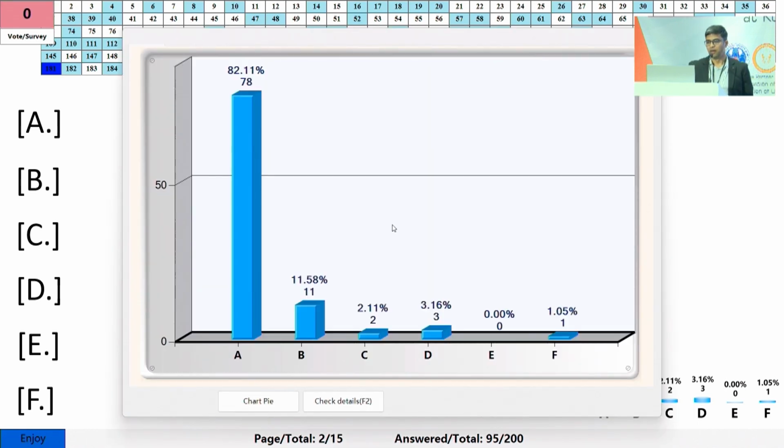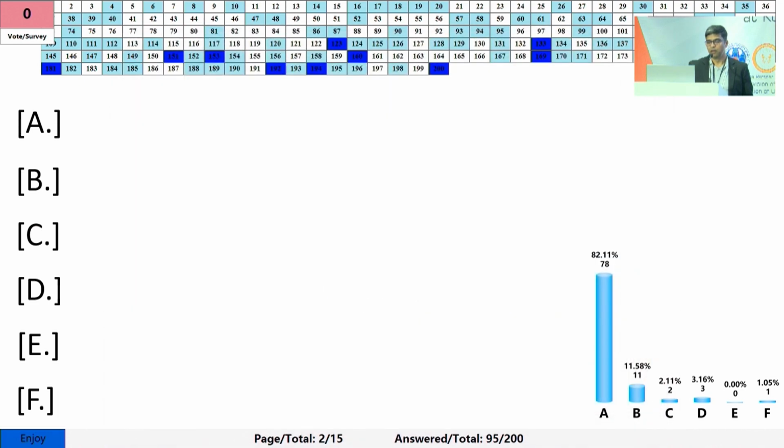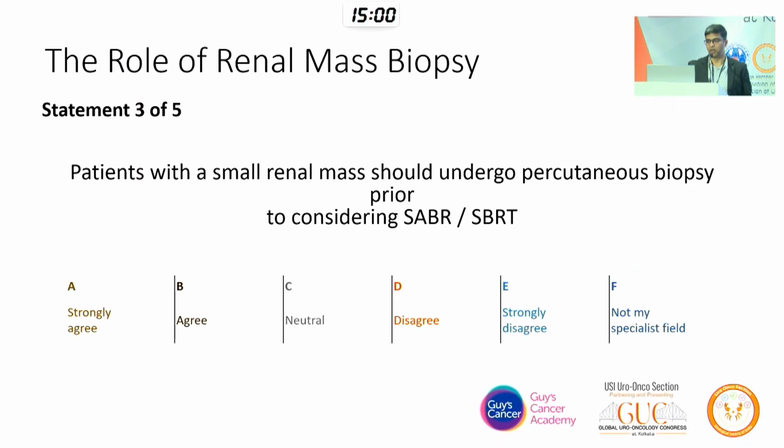Then the third question: patients with small renal masses should undergo percutaneous biopsy prior to considering SABR or SBRT.